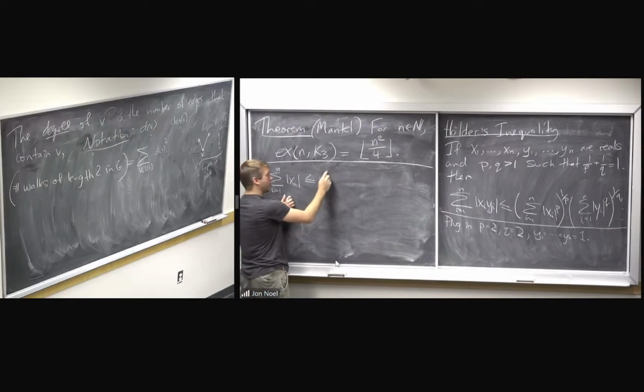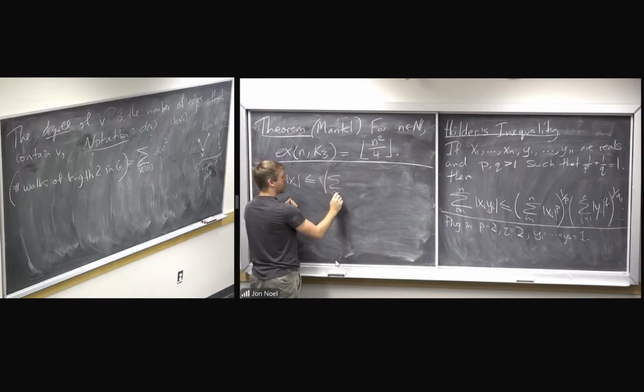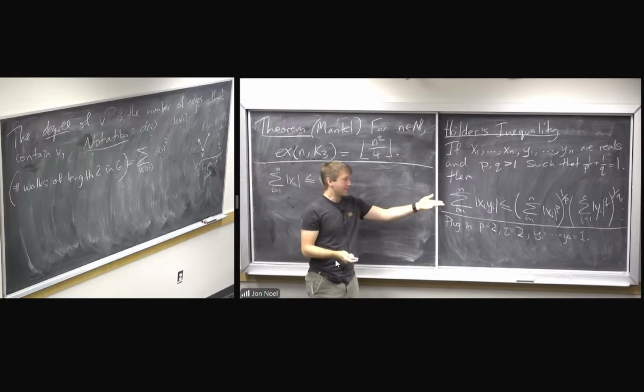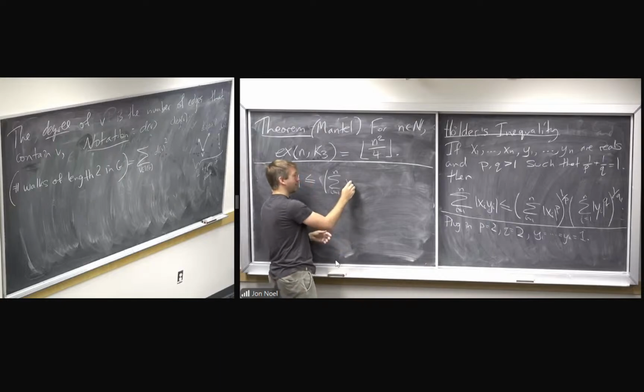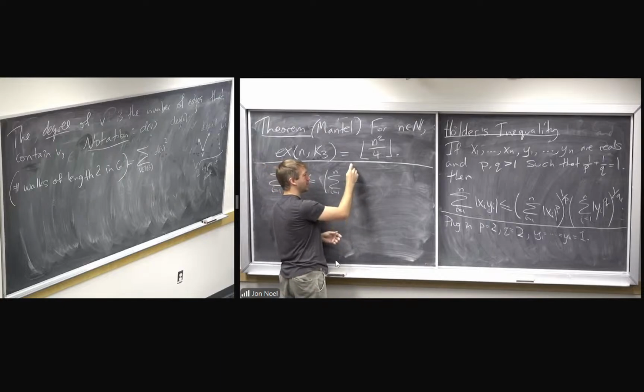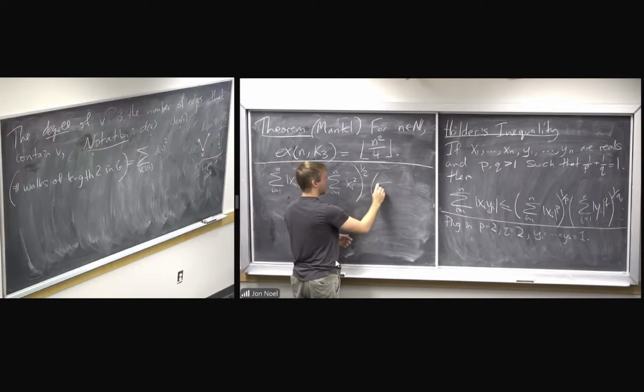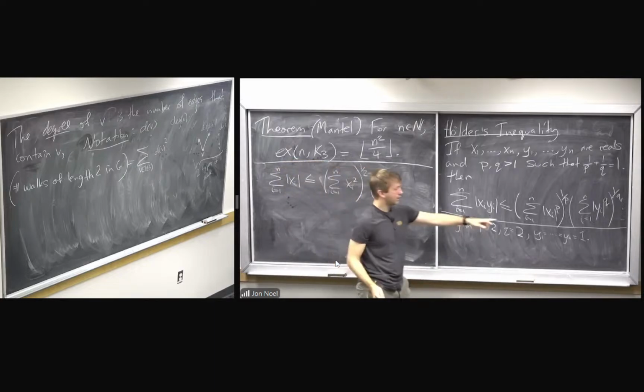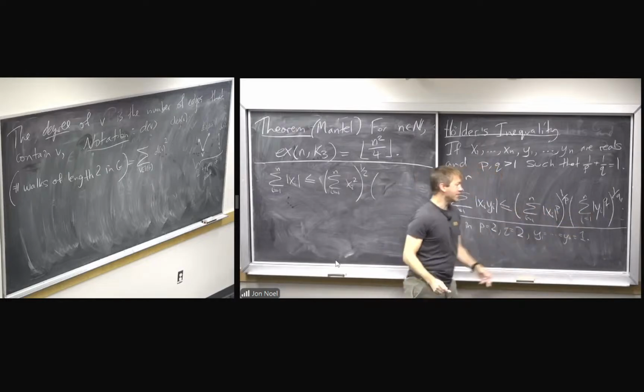That's at most the sum i equals 1 to n of absolute value of xi squared, but that's just xi squared. These are real numbers, so to the 1/2. And then we just sum up the number 1 over and over and over. We just get n.